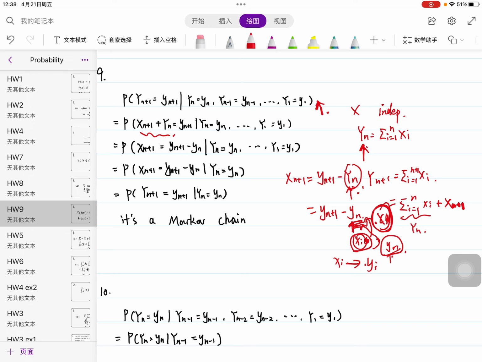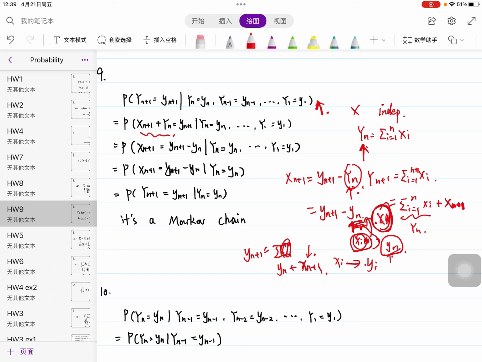We could write it as lowercase yn, and since they are independent, Yn plus 1 is equal to the sum from 1 to n. We could write it as yn plus xn plus 1, right?